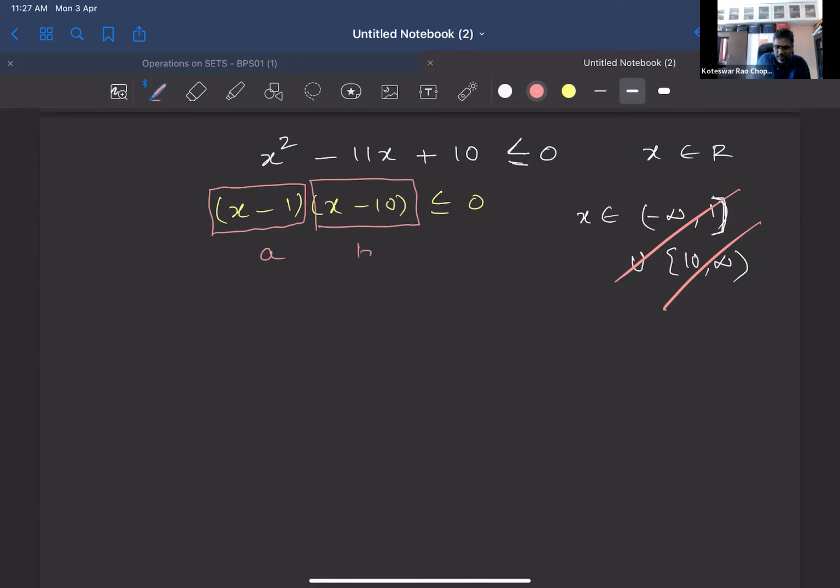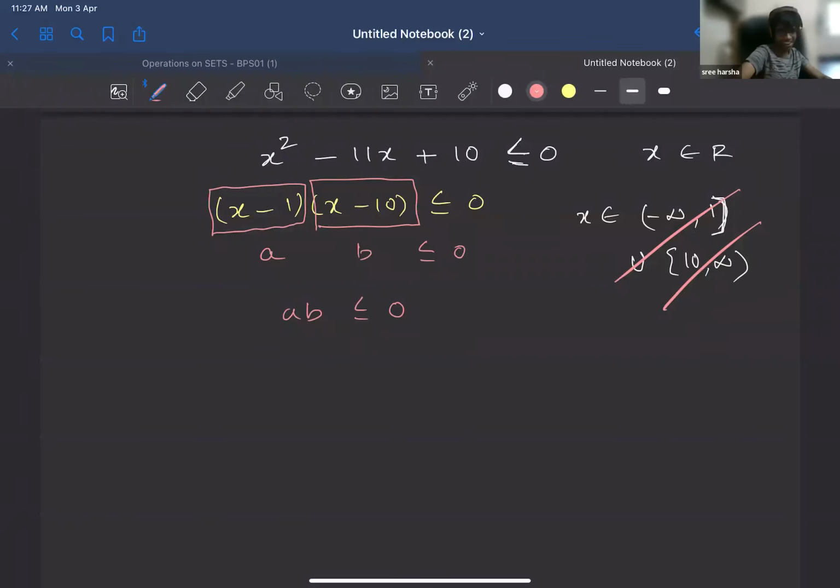When is A into B less than or equal to 0? One of them should be negative, right? Either of them can be 0. 0 is also okay. But if they are not zeros, then one of them should be negative.